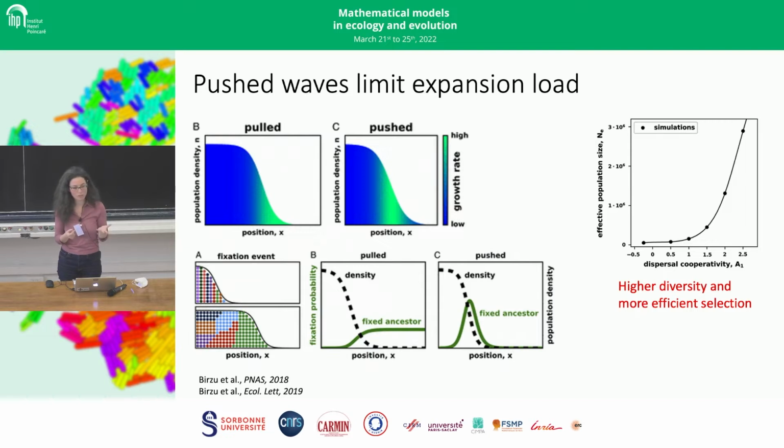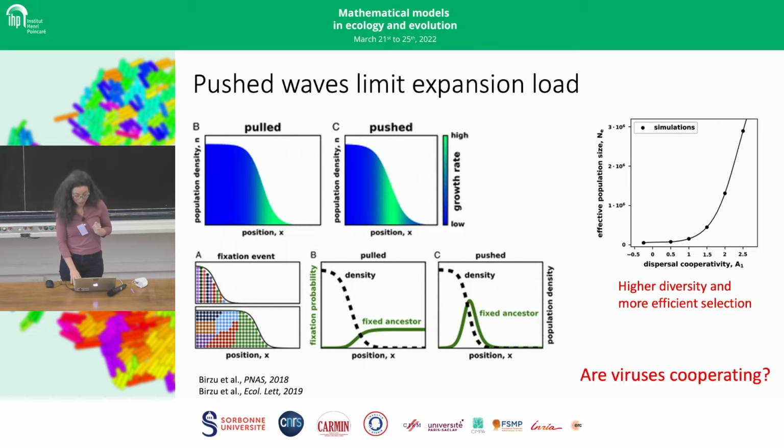So if you have a beneficial mutation, it's more likely to fix, and if you have a deleterious mutation, it's more likely to get purged by the population. Adaptation should be faster, which is one of the reasons why you expect expansion load to be mitigated in these pushed waves.